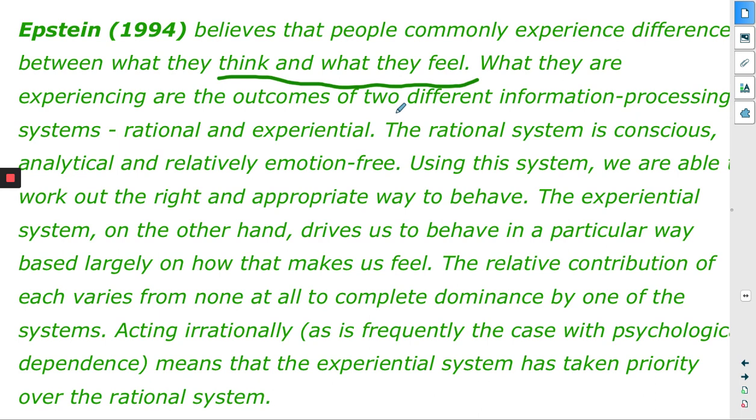Now, the rational system is usually emotion free. So I might want some cake, I might really feel that I would be best served to have cake, but I could say, well, you know what, I probably shouldn't. I'm not doing any exercise or something along those lines, and therefore I can't afford to have the calories in my system. Now this could relate to alcohol, to cannabis, to any of the recreational drugs. I might be rational and choose not to.